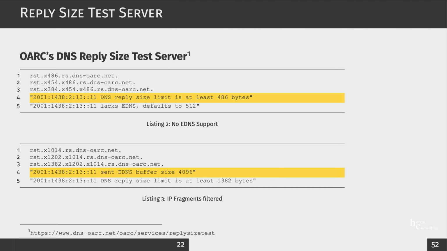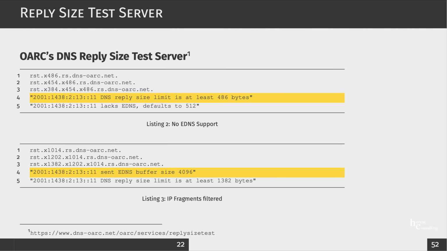Here are just two other examples where the size limit is way too small. The system that I used in that case was not able to provide enough packet size for EDNS.